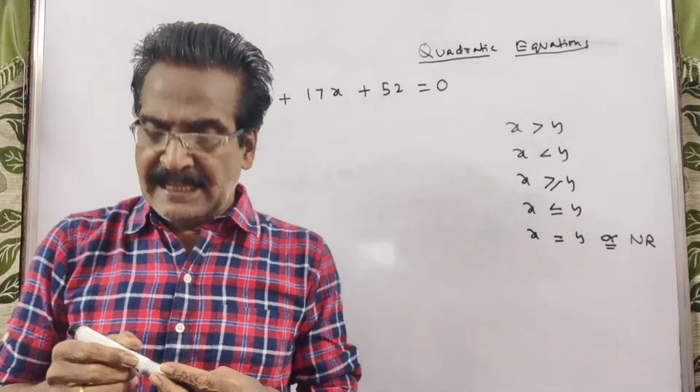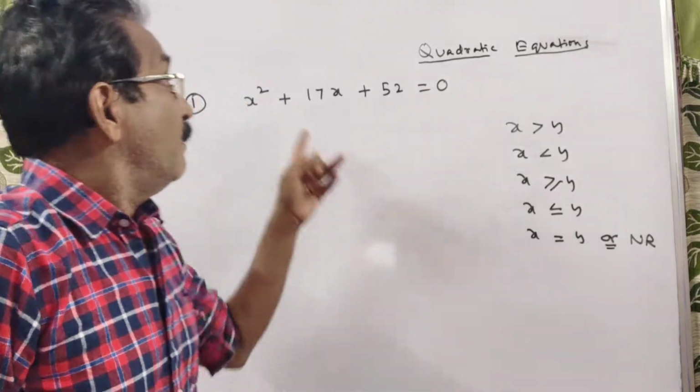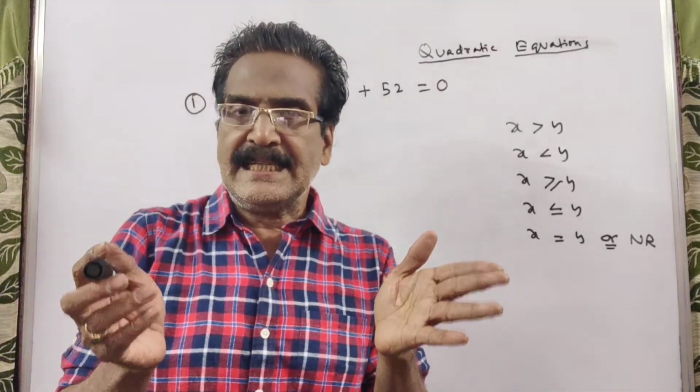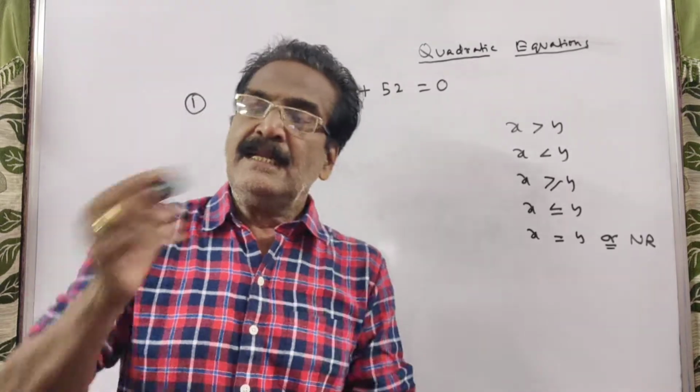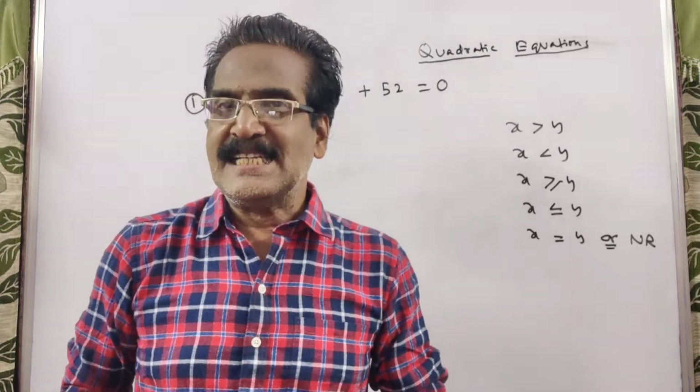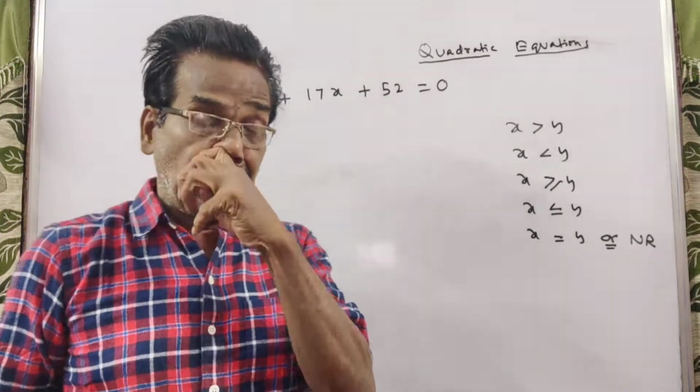This is the given quadratic equation. For this, first let us write the roots, then we put the signs.